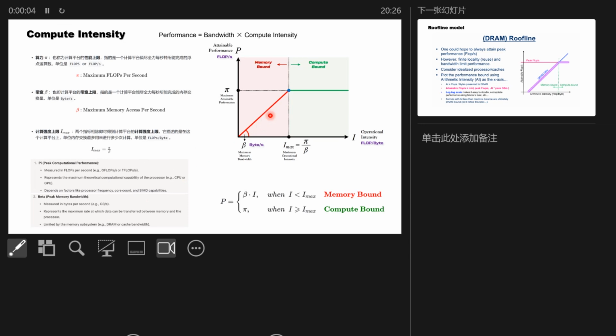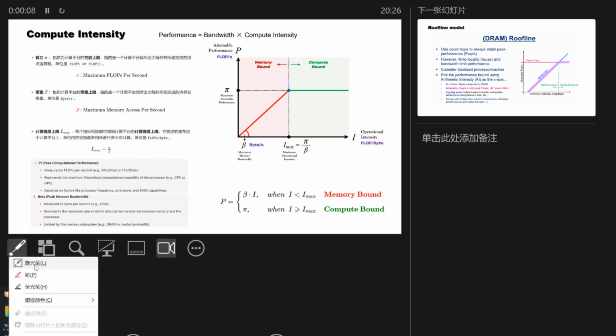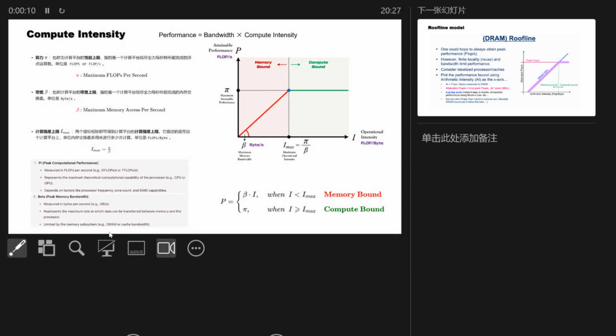Originally you may be able to compute at this point, but if you can only compute at this point, that means some of the compute resource you didn't utilize fully, since the memory loading may be too slow, or your algorithm didn't utilize the bandwidth very well.